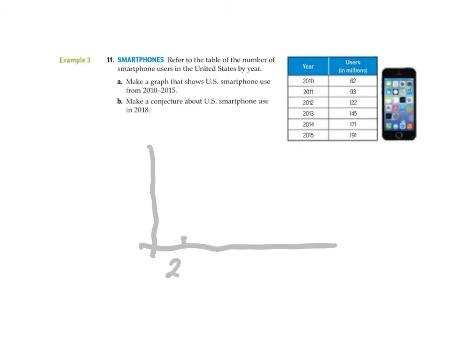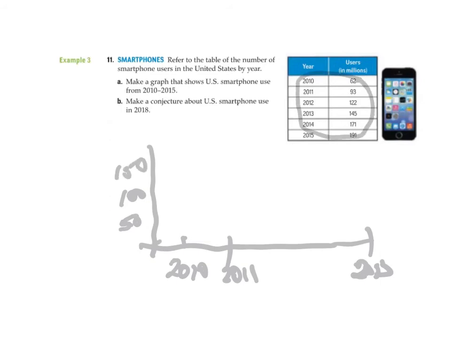So 2010, 2011, etc., all the way down here to 2015, and then obviously you're going to do your millions going up. So probably do it in 50 millions, 50, 100, etc., 150. And then you need to graph these points. And what you should have is a straight line graph with obviously points of various areas, okay?